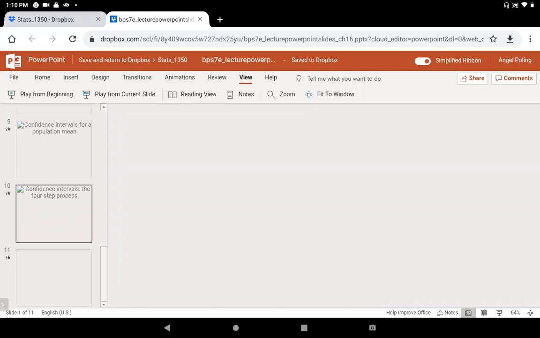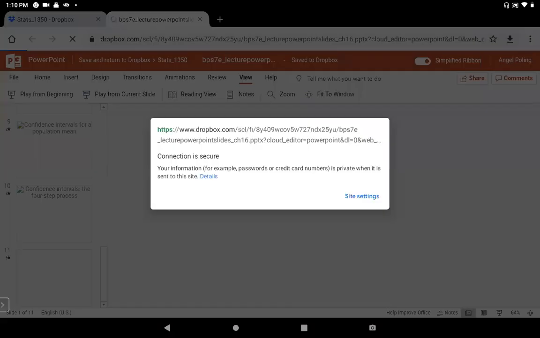Oh, that's loading. Try refresh. That's always a good one.